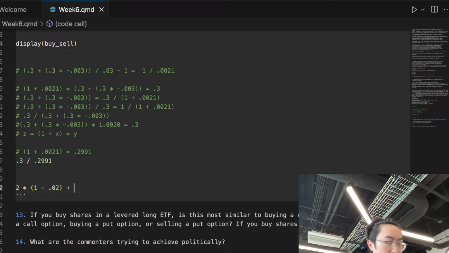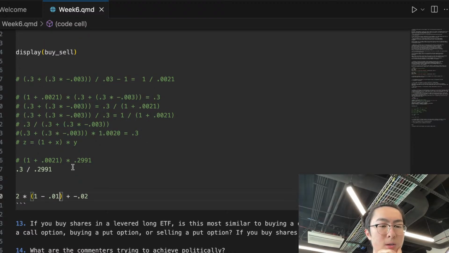Then you also add negative 0.02. Yeah. So this is a 100% exposure. So it'll be 0.3 minus.